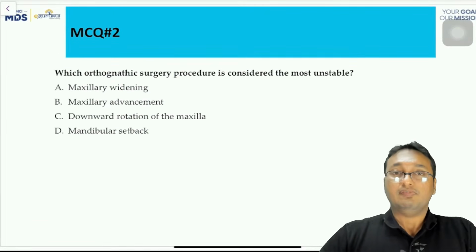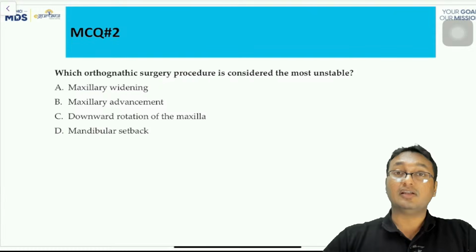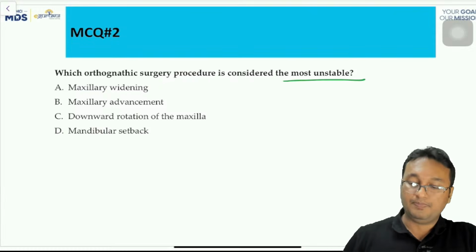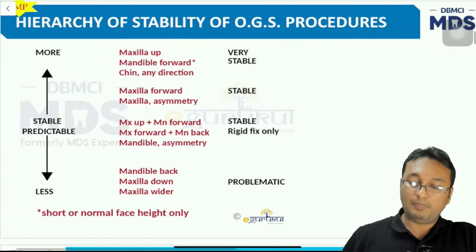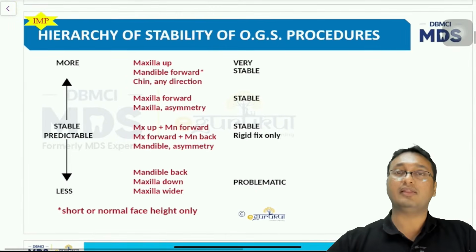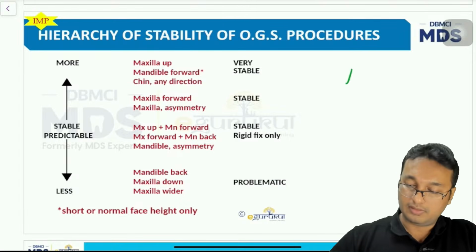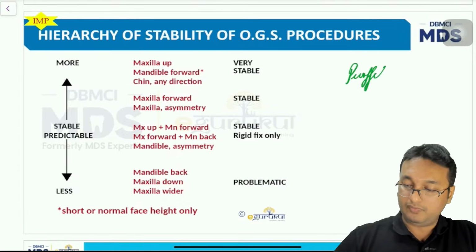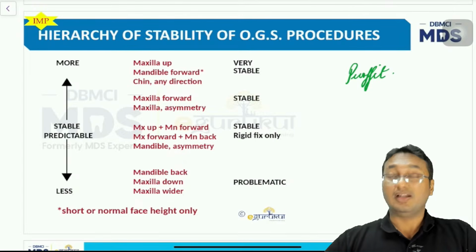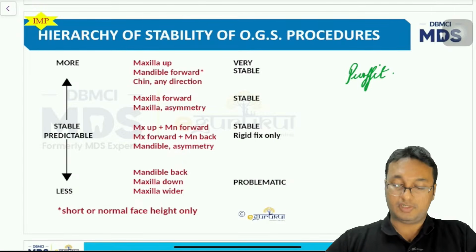Next. Which orthodontic surgery procedure is considered the most unstable? Now there is a particular hierarchy of stability of orthodontic surgical procedures which has been enumerated by Proffit. This table has been taken from the textbook Contemporary Orthodontics by William R. Proffit.